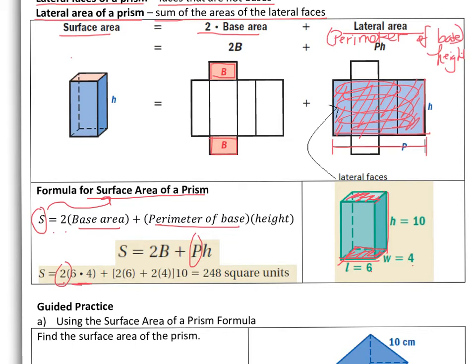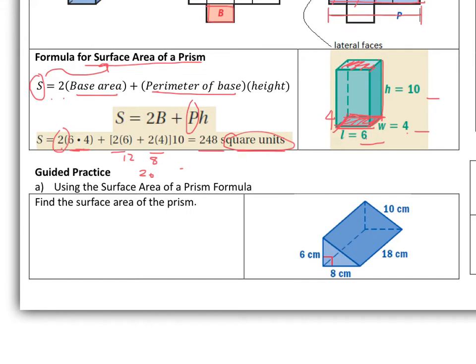Since we have 2 6s and 2 4s, we can double it for each to get a perimeter of 20. 20 times 10 is 200, and 200 plus 48 is 248 square units. And if you noticed, here they don't give you the units. So you would have to write square units.